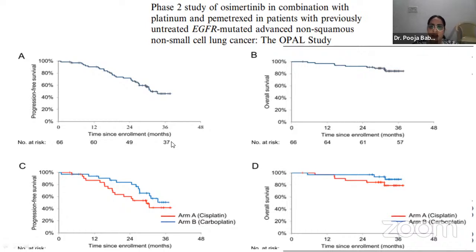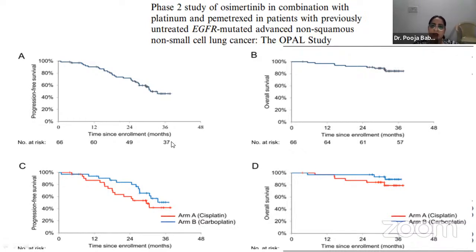In combination therapy, definitely the toxicities are also more. Moreover, we do not know what mechanism of resistance will emerge when we expose patients upfront to osimertinib plus platinum plus pemetrexed.